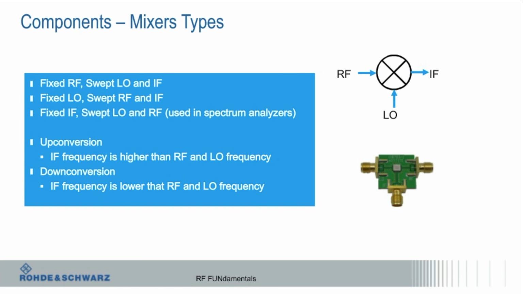You might have a fixed LO and a swept RF and IF. So this is fixed, and then you're moving this. Up conversion means I'm going from a low to a high, so that's IF to RF. And down conversion is going from RF to IF. Any questions on that?